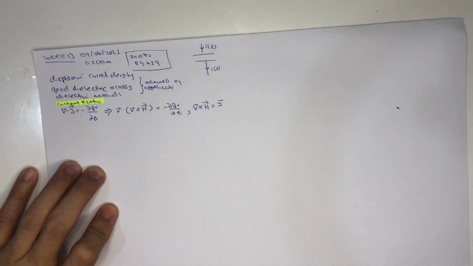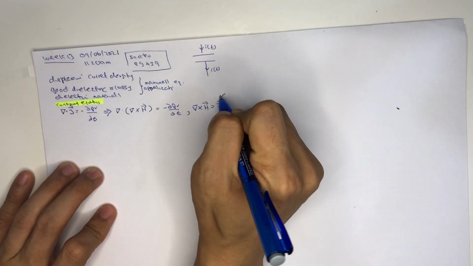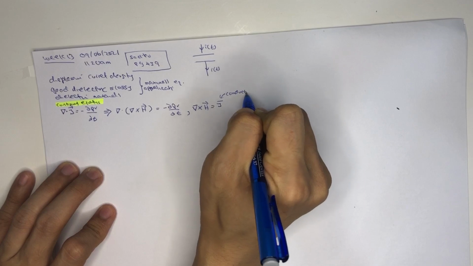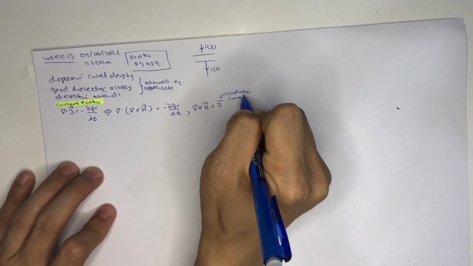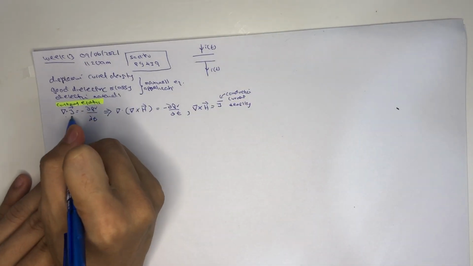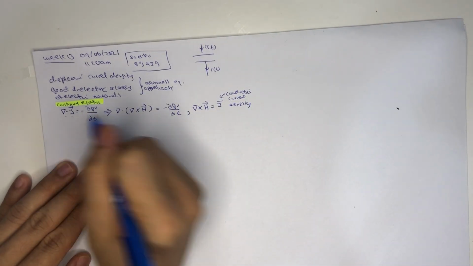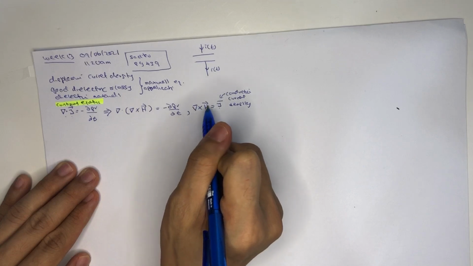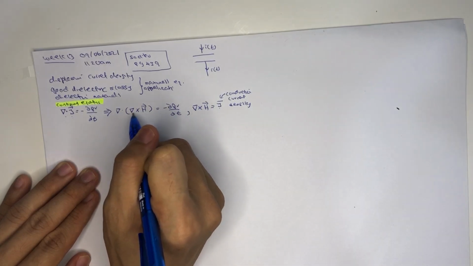This is your conduction current density. Since J equals curl of H, we just put it in.